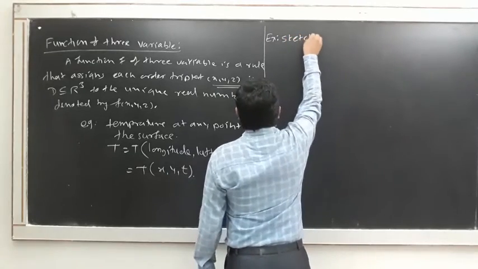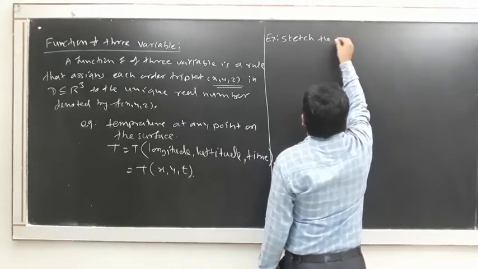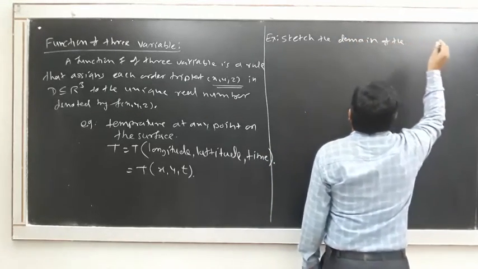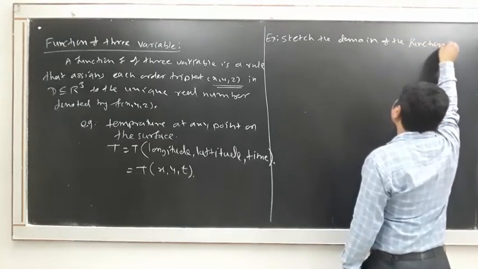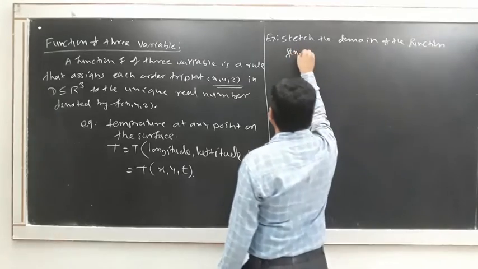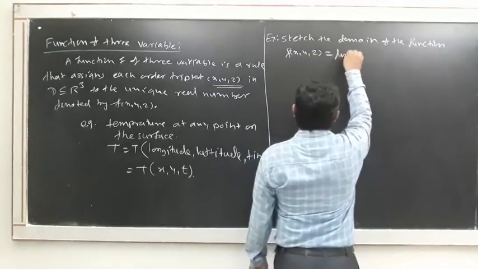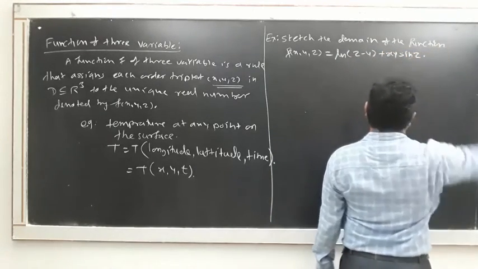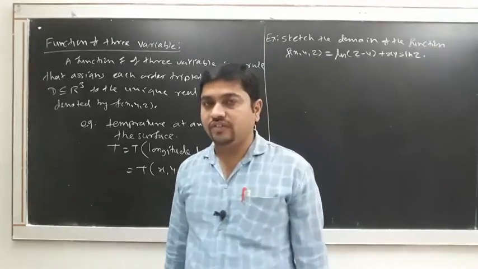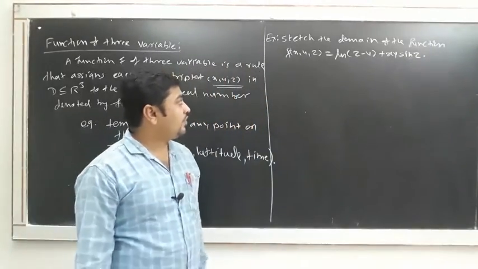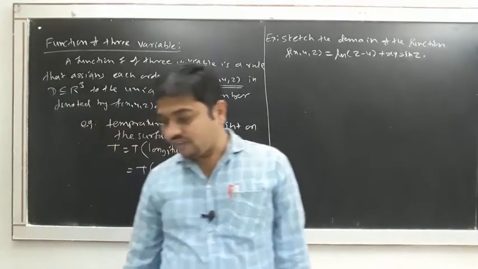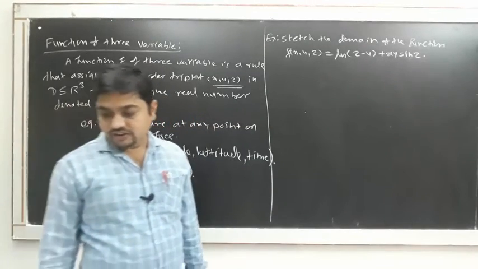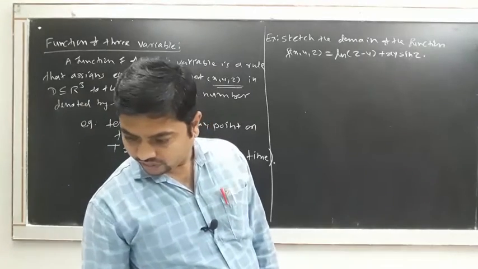Sketch the domain of the function f of x, y, z is equal to ln of (z minus y) plus xy sin z.